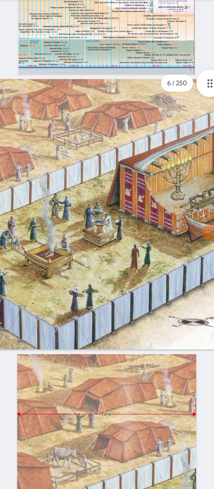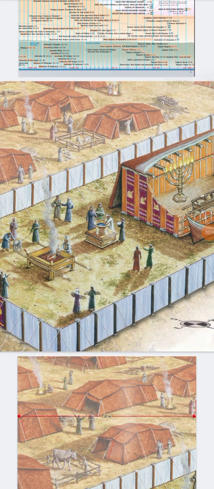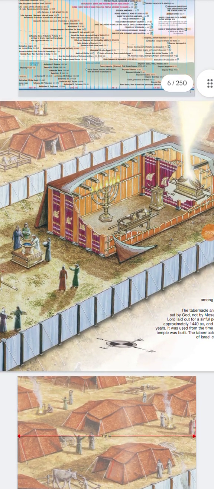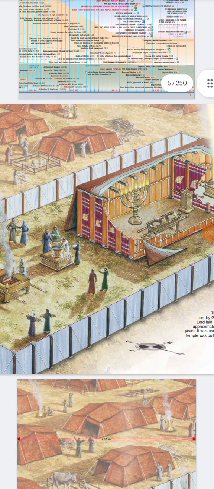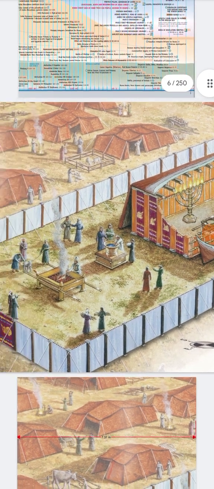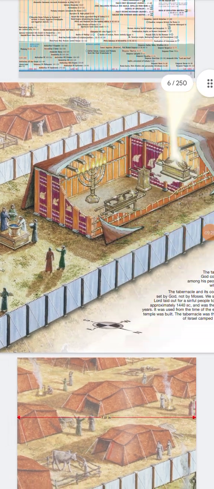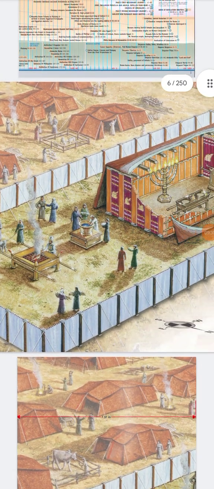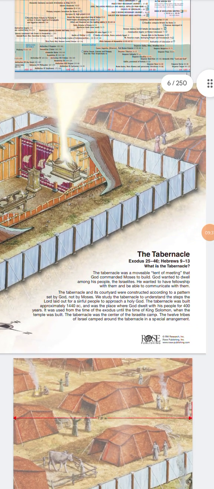Then you got these horns with the brazen altars, where the priests wash up, and certain instruments pertaining to the tabernacle that the Lord told Moses to build and give over those orders to Israel to make.